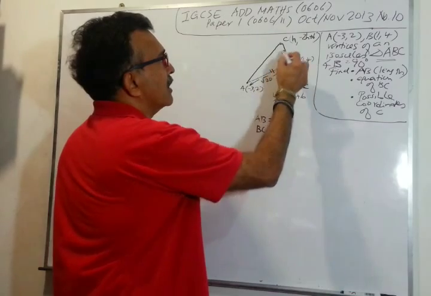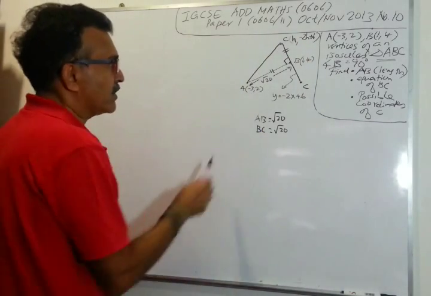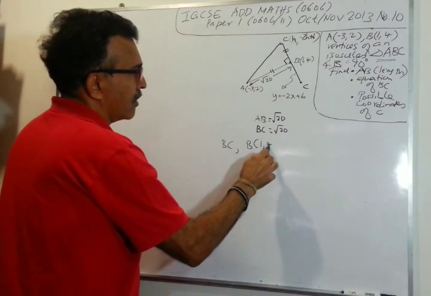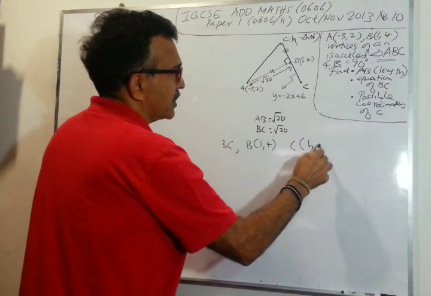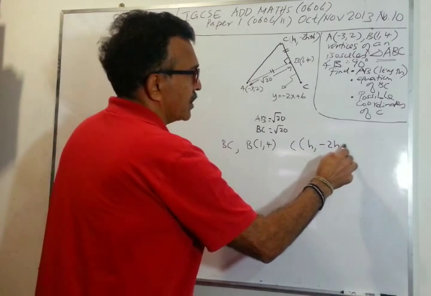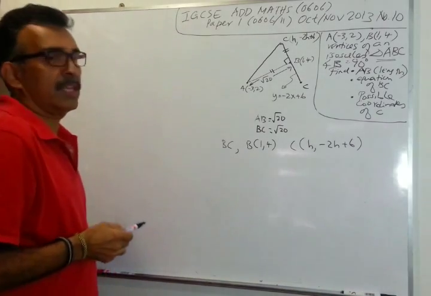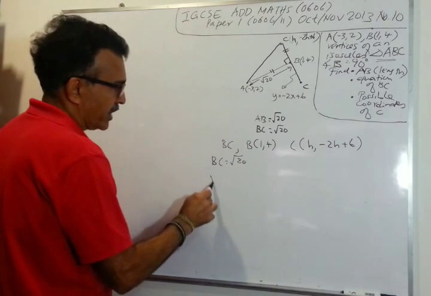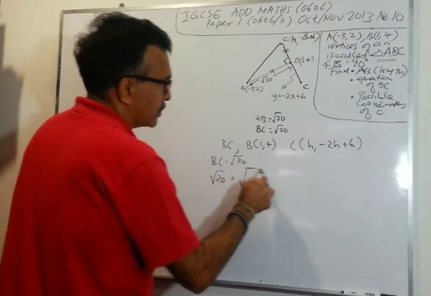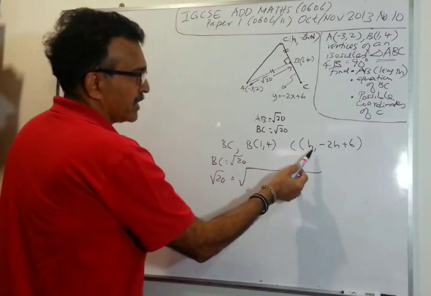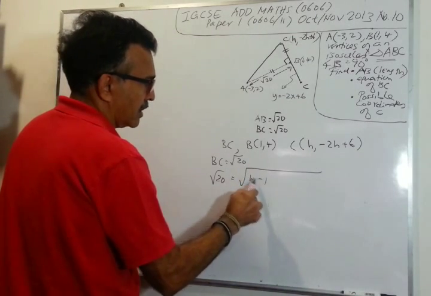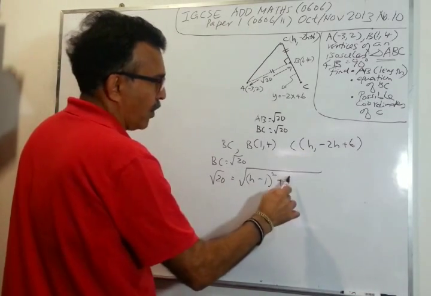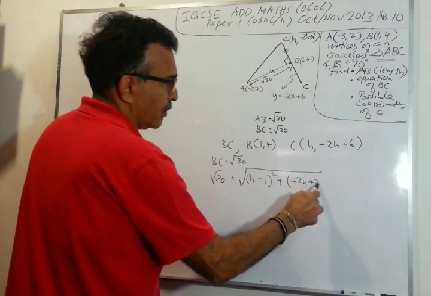So let's write BC. B we know is (1, 4). C will be (h, -2h plus 6). So we know that BC equals the square root of 20. So the square root of 20 equals, with x1 minus x2, h minus 1 squared, plus y1 minus y2, which is -2h plus 6 minus 4, so -2h plus 2, squared.